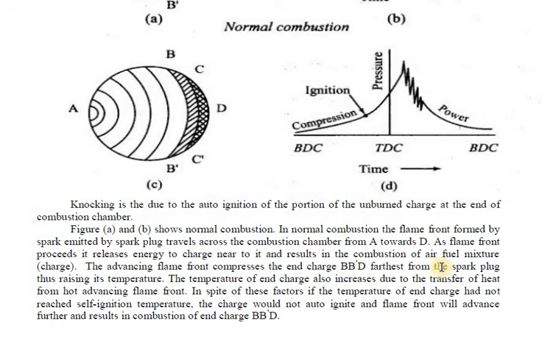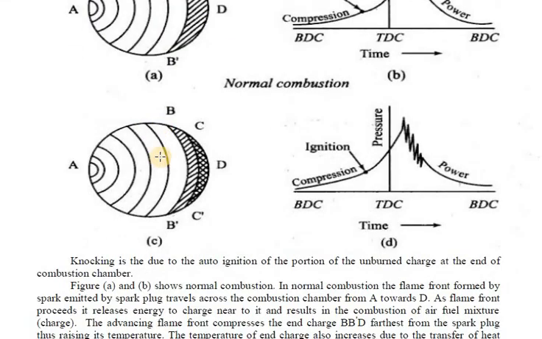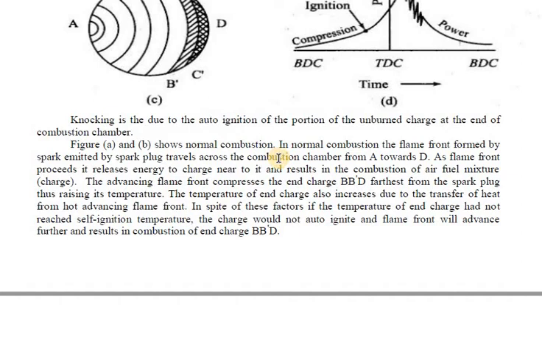As the flame front proceeds, it releases energy to the charge near it and results in the combustion of the air fuel mixture. During the movement of the flame front from A to D, the burning mixture transfers heat energy, and the temperature of the remaining fuel air mixture starts increasing.